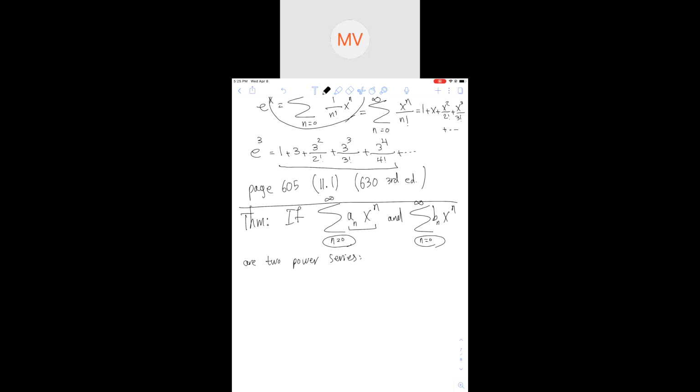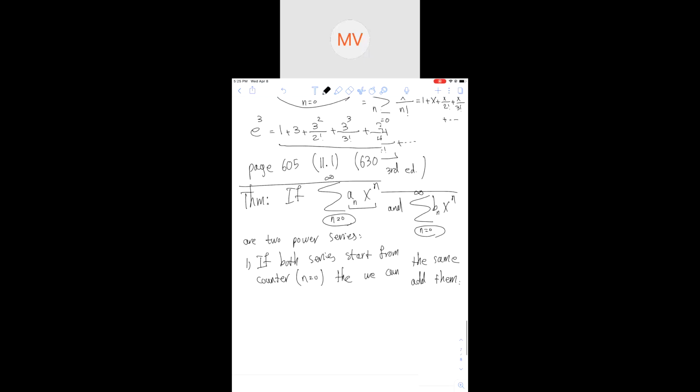So here, part one of this. Let me include that if both series start from the same counter, so here n equals 0, then we can add them.